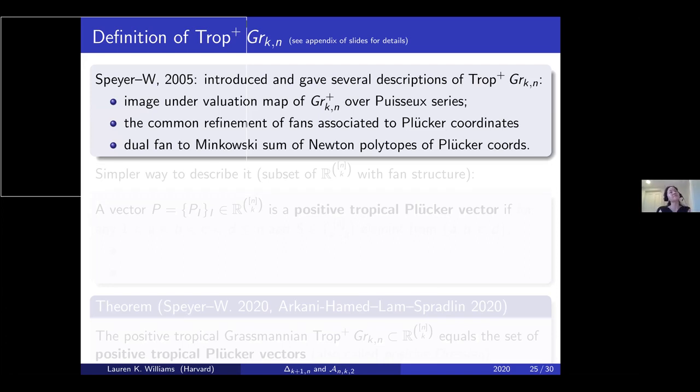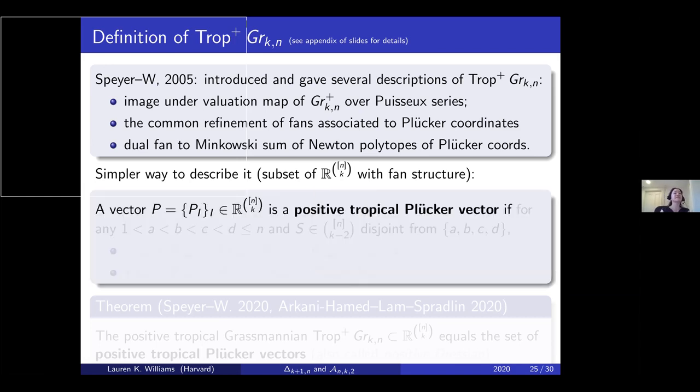Anyway, you can look at our paper or the appendix of these slides for the definition, but I'll just for now give you a much simpler way to describe it. So this positive tropical Grassmannian is just a subset of R to the n choose k that has a fan structure. So we'll say that a vector P, so P is in R to the n choose k, so its coordinates will be k element subsets of 1 through n.